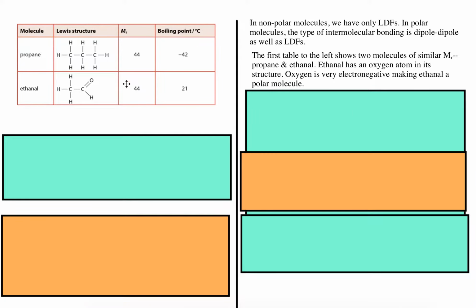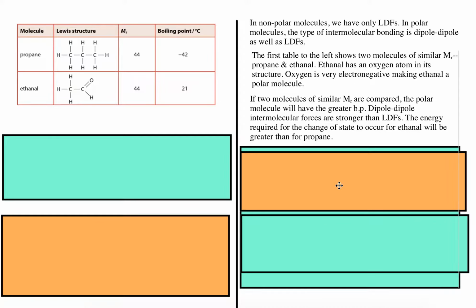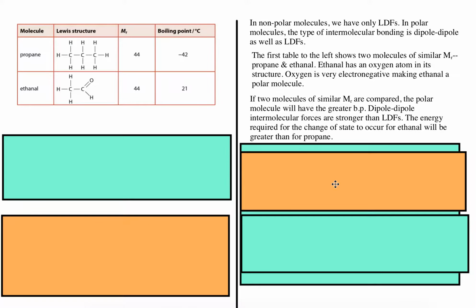So this is just reminding you of what I just said. Here are these two molecules being compared. Oxygen, again, electronegative, pulling the electrons closer to it. The trend is, if two molecules of similar molecular mass are compared, the polar molecule in general, most of the time, but of course in chemistry there are always exceptions, is going to have the higher boiling point.